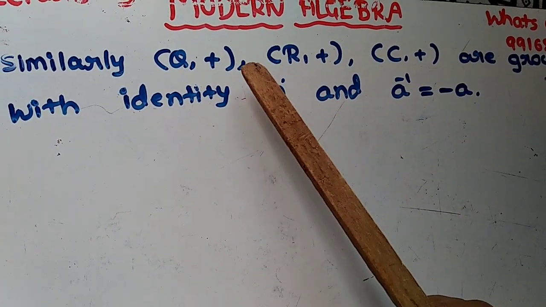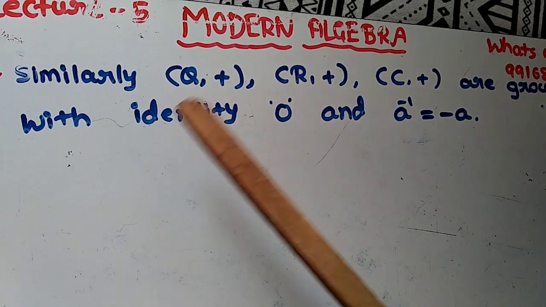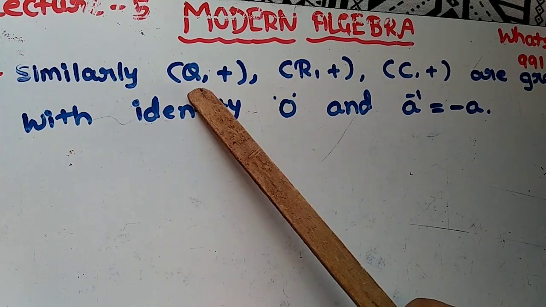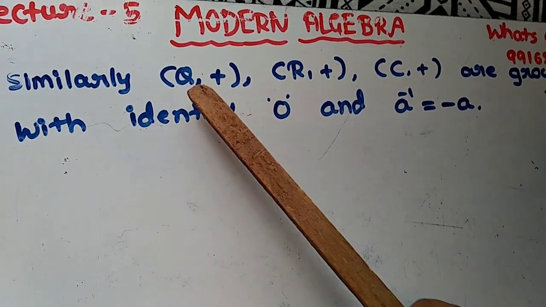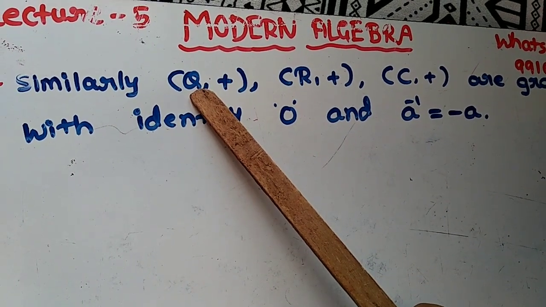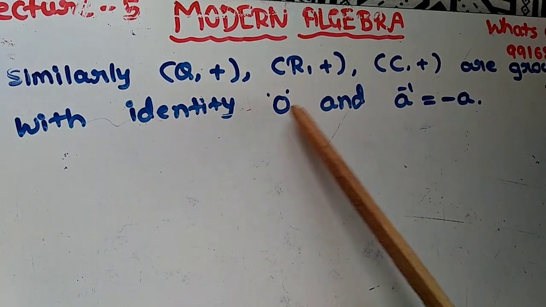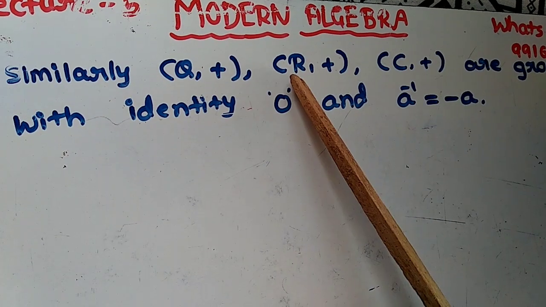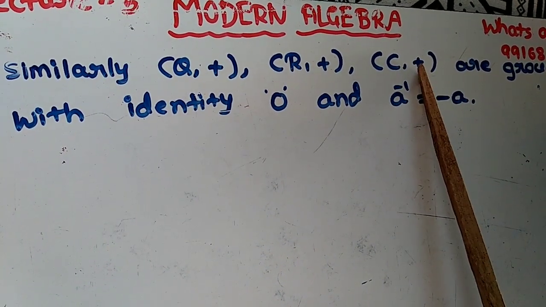To check, just take any elements A, B, C, and those three elements should belong to Q, for checking whether Q with respect to plus is a group or not. Just take elements which belong to this set and check it. You will get your identity as 0 and the inverse as minus A. The same holds for real numbers with respect to plus and complex numbers with respect to plus.